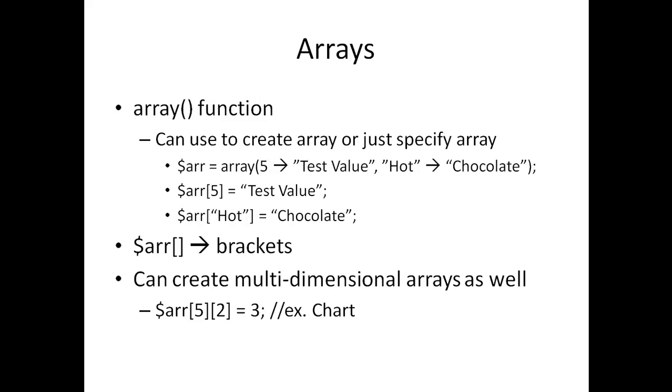So you have $r equals array, and PowerPoint decided to resolve my dash carets to actual arrows, which is okay, except I'll just show you what that is actually doing. And then you have specifically referencing array index 5 equaling test value, or array index hot equaling chocolate.